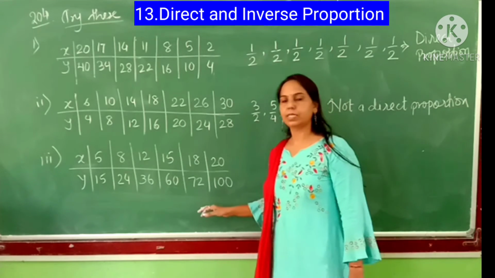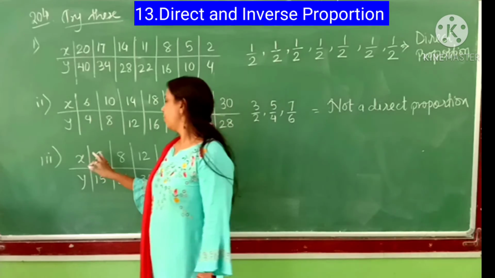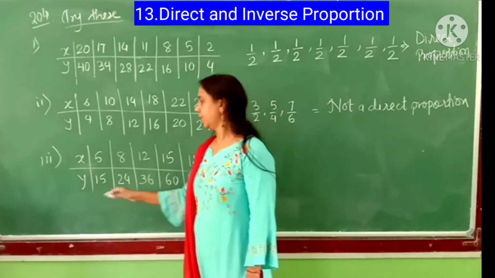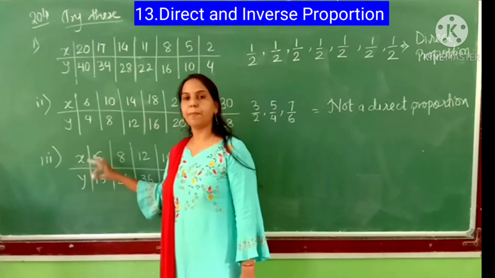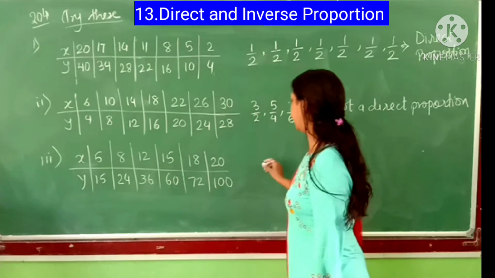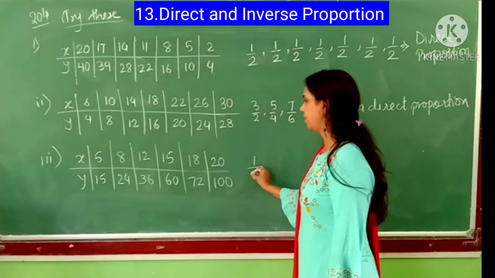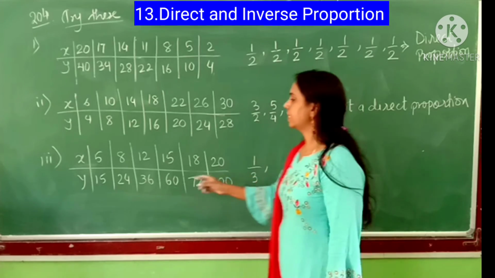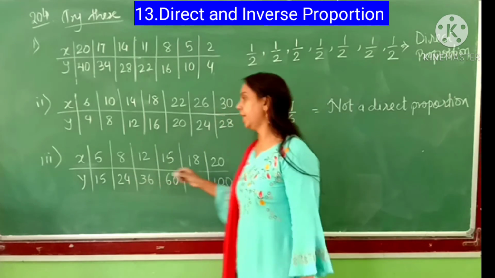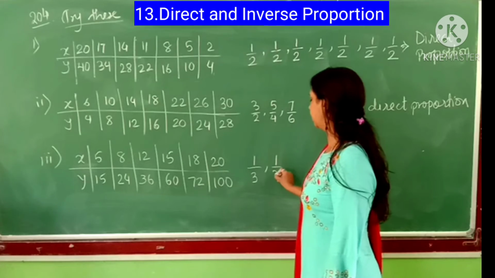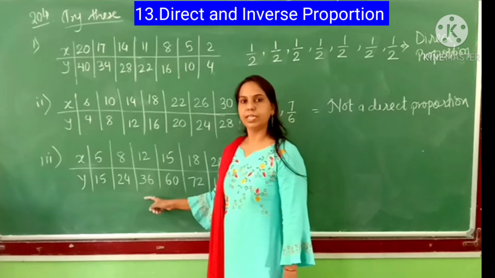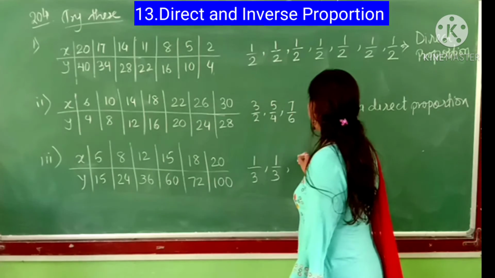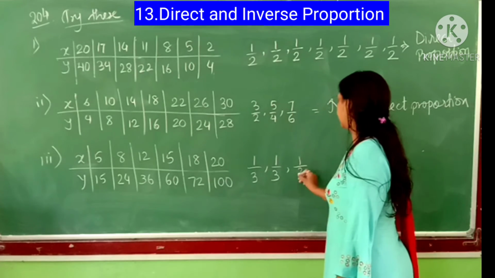Coming to the next, here we have x1, x2, x3 and y1, y2, y3. Let us start with x1 upon y1. So 5 upon 15, we have 5 into 1, 5 into 3. Next, 8 upon 24, we can have 8 into 1 and 8 into 3 is 24. For 12 upon 36, we have 12 into 1 and 12 into 3.